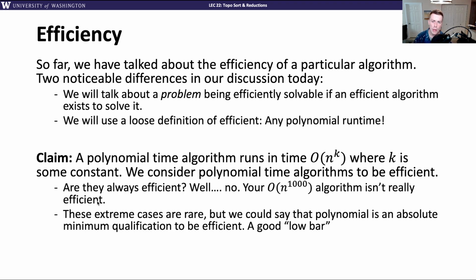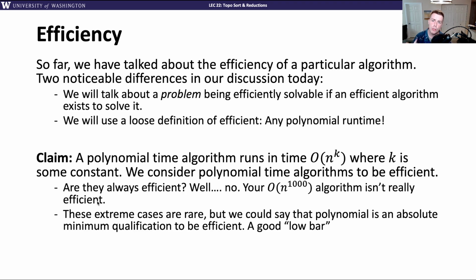Now, are they always actually efficient? Well, no. If you have something that's like n to the 1000, that's not really that efficient. Fortunately, those huge polynomial exponents generally don't happen in most real programs or most real problems that we try to solve. Generally, you might see something like n squared, n cubed, maybe if it's really bad, like n to the 5th.